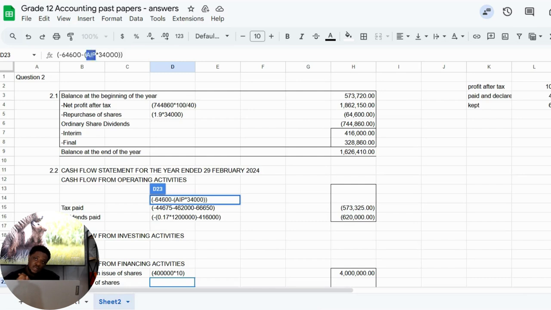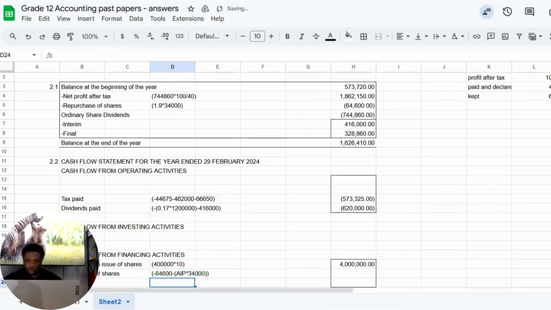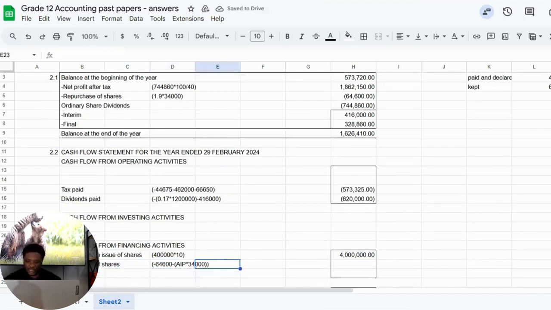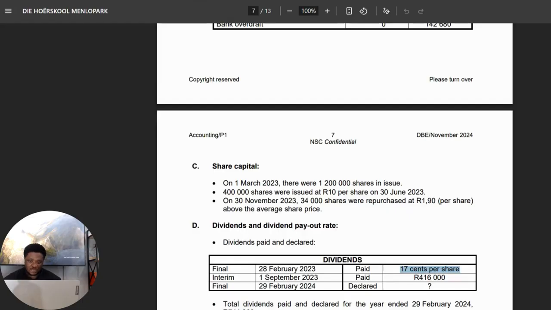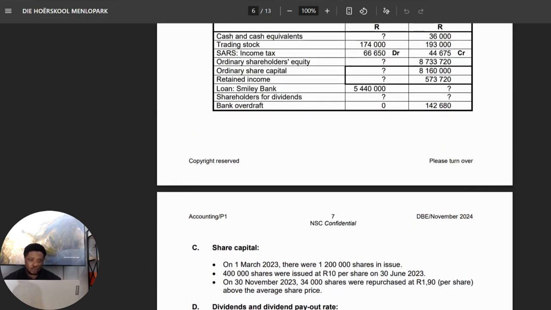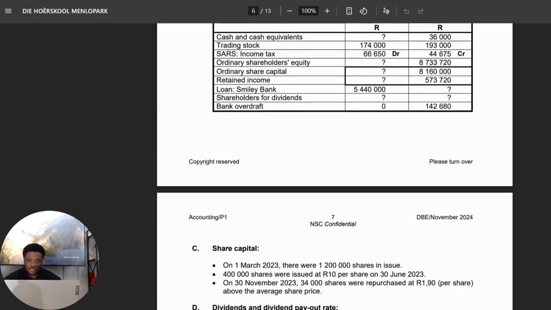If you add them together, then it gives us the total amount that relates to the repurchase of shares that was actually paid. So we want to figure out how much was actually paid, because we know that 1.9 was the amount above the average issue price, but what was paid for the average issue price? So we need to figure that out. To work out the average issue price, we have to look at some of the information we can get from the previous year.